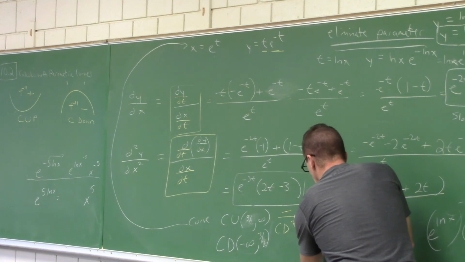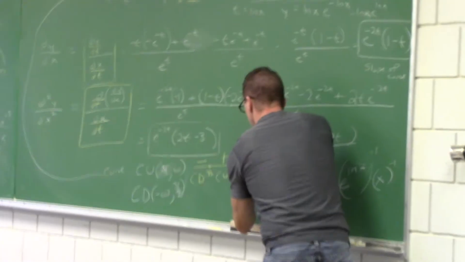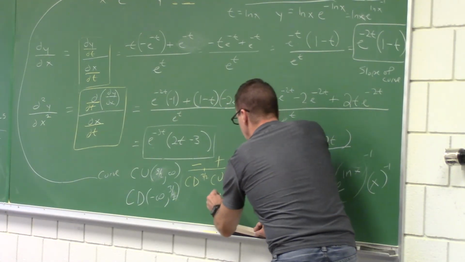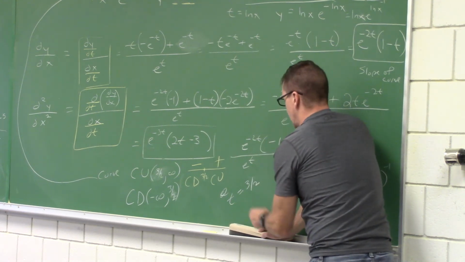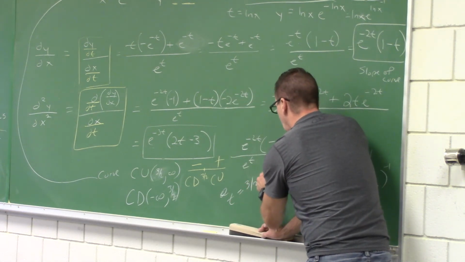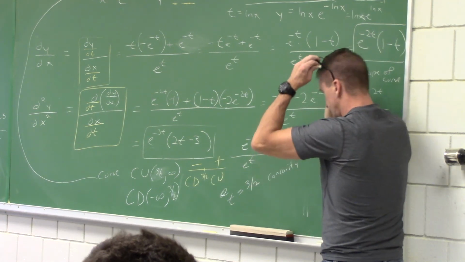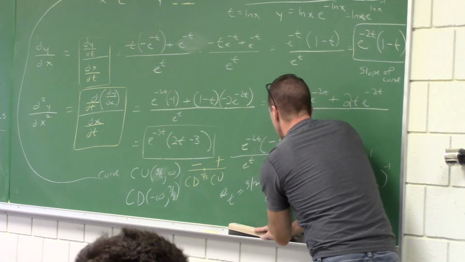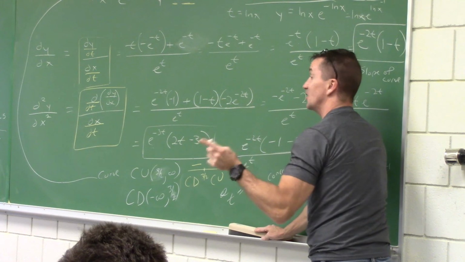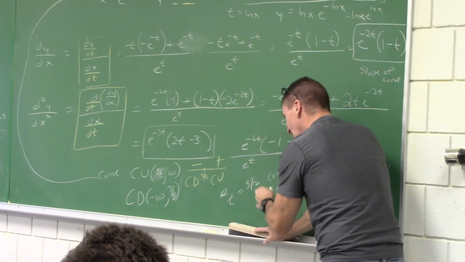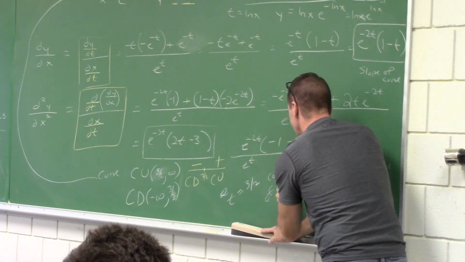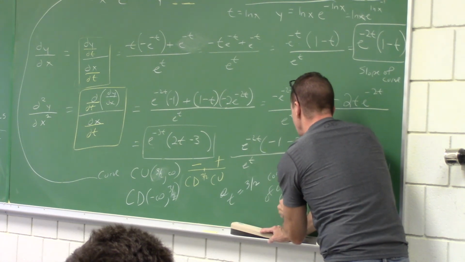She goes, t would equal 3 halves. And at t equal to 3 halves, I'm going to write this here, Sean. At t equal to 3 halves, concavity of the curve changes. And what I mean by changes is it changes signs.